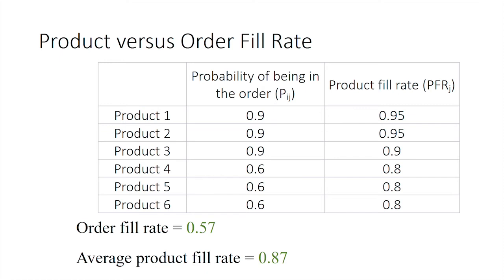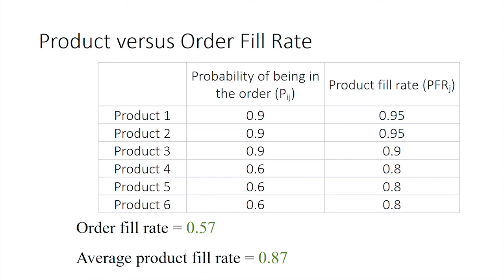And if you add all of the product fill rates and divide by 6, you get a high average product fill rate as well. But the real problem is that, judging the whole order, the order fill rate is only 0.57, which means I have only a 57% chance of being able to complete the job.